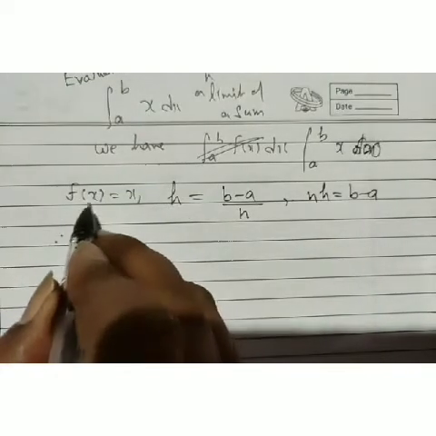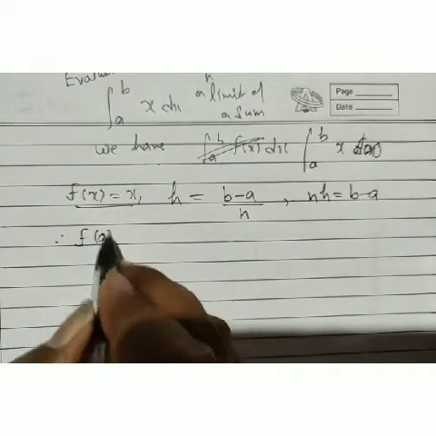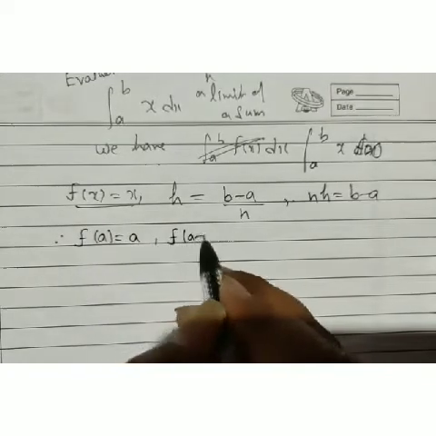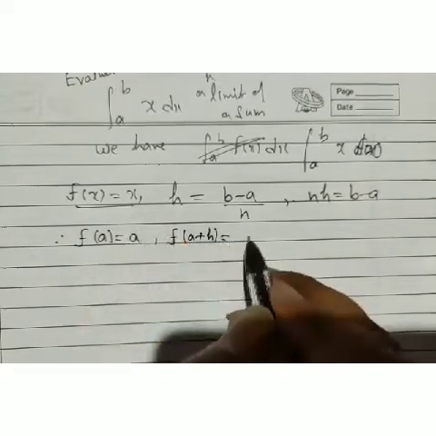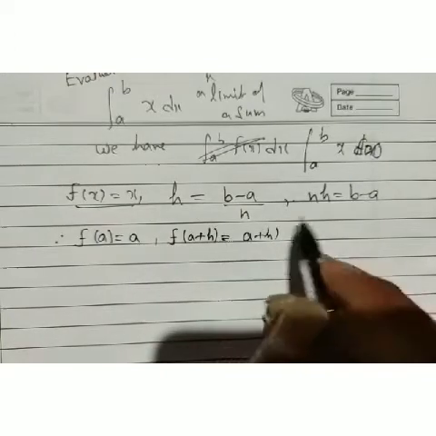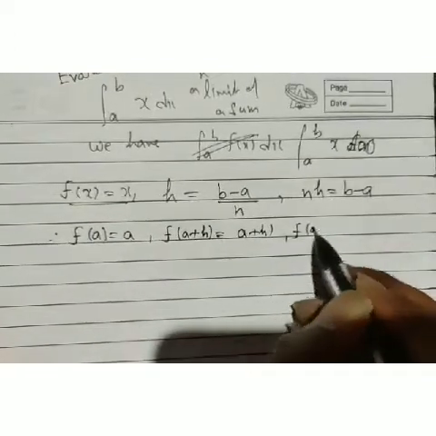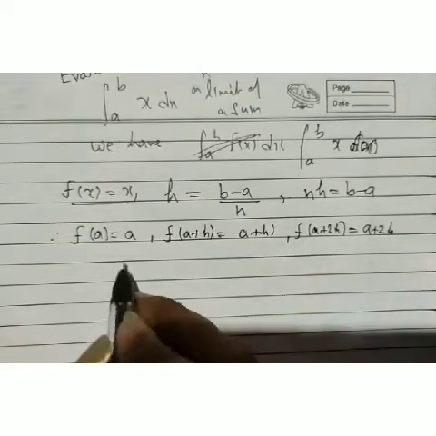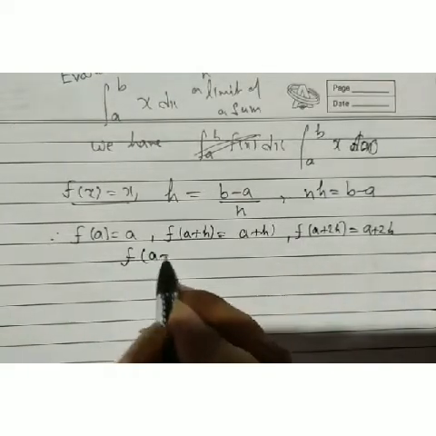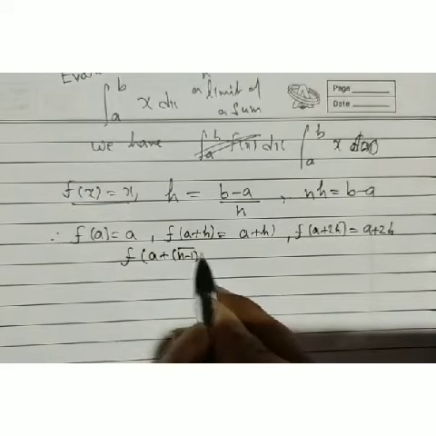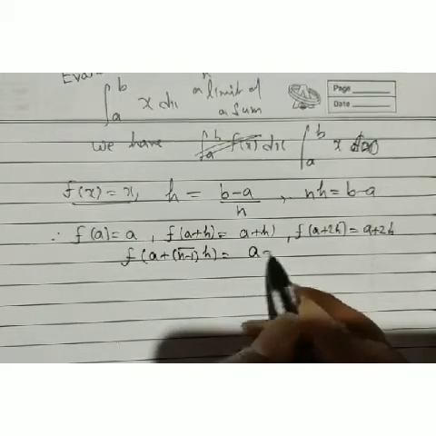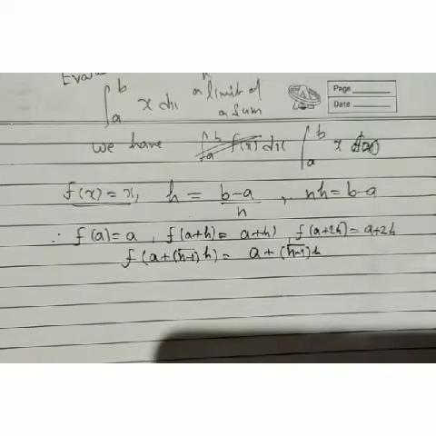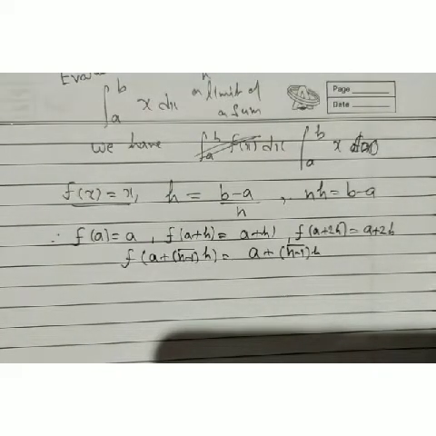Now if we have f(x) equal to x, then f of a is a, f of a plus h is a plus h, f of a plus 2h is a plus 2h, and our last point, f of a plus (n minus 1) h, is a plus (n minus 1) h. Now we get our basic values.